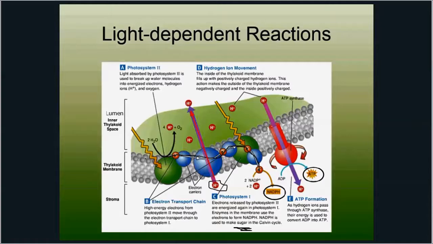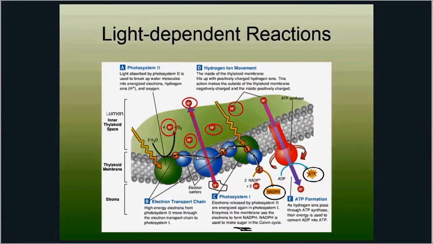So you get a large buildup of hydrogen ions inside. You can see them all floating in here right now. I'm just circling them. The inside of the thylakoid membrane fills up with the positively charged hydrogen ions, and this makes the outside of the thylakoid membrane negatively charged and the inside positively charged.